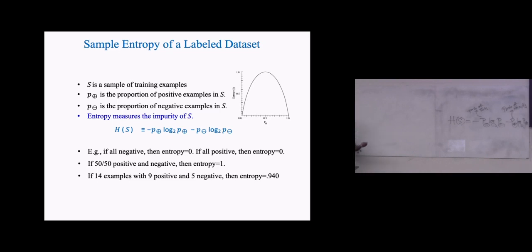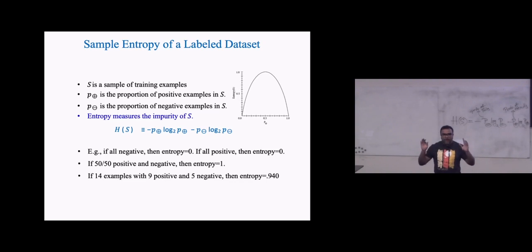Think about a coin where it always gives you heads. How much uncertainty is there about this coin? Don't look at the slide, just look at me. If a coin always gives you heads, how uncertain are you about the outcome? Not at all.